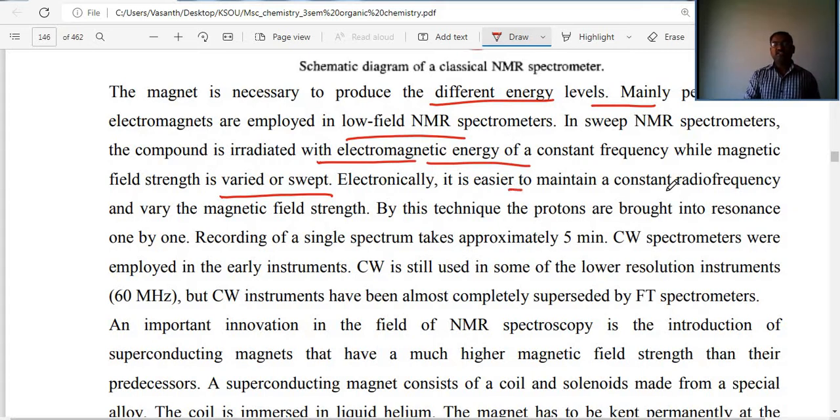Electronically, it is easier to maintain a constant radio frequency and a very high magnetic field strength. By these techniques, the protons are brought into resonance one by one.